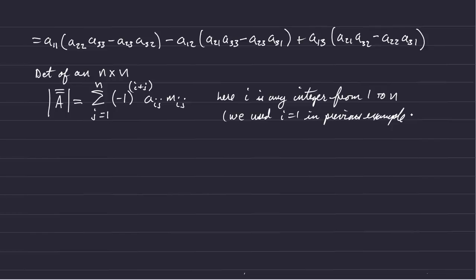But the determinant can be computed using any row for these coefficients. And the determinant's the same, whichever number you choose for i. The other thing I wanted to make note of was that the determinant is only defined for a square matrix.